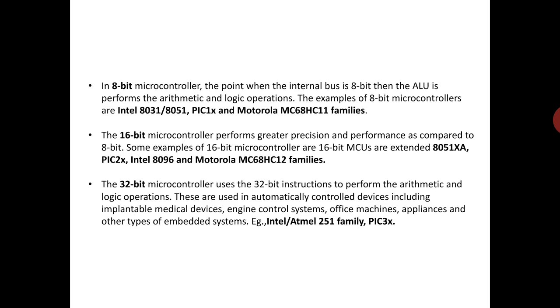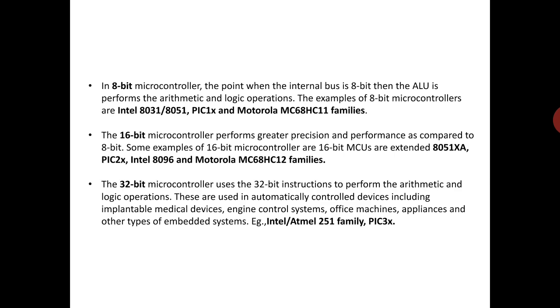Third one is the 32-bit microcontroller, which uses 32-bit instructions to perform the arithmetic and logical operations.